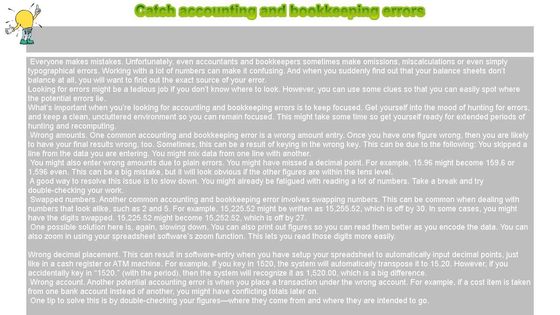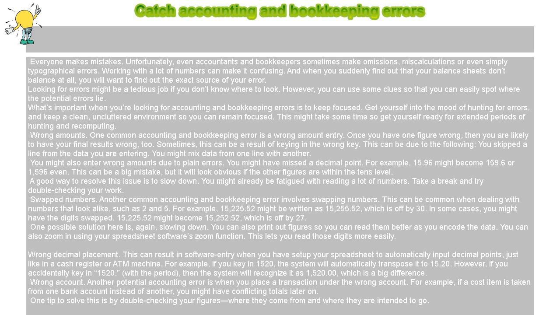You might have missed a decimal point. For example, 15.96 might become 159.6 or 1596 even.